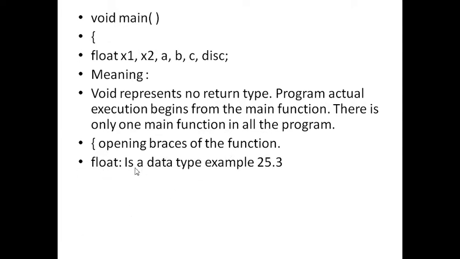And float is a data type, for example 25.3. x1 is equal to 25.3, you can say. So x1 value is float. We call it float whenever you use values like 0.1, 25.1, 25.2 till 25.9, it is a floating point. So you have specified these as floating point variables which will accept these values.